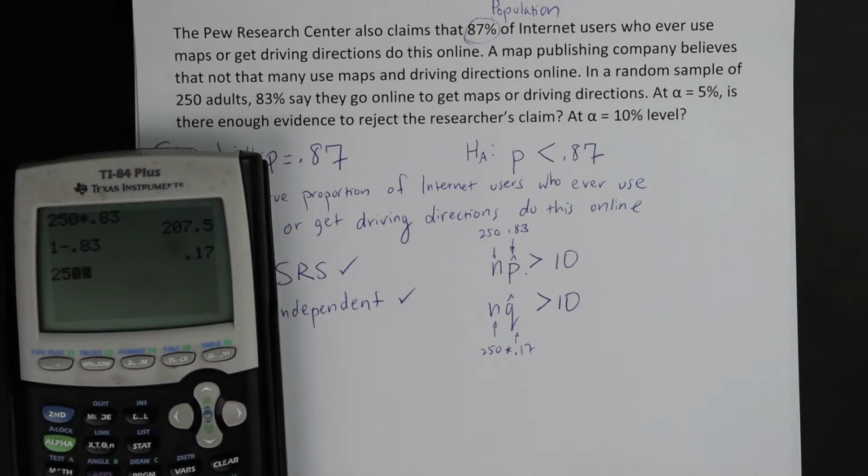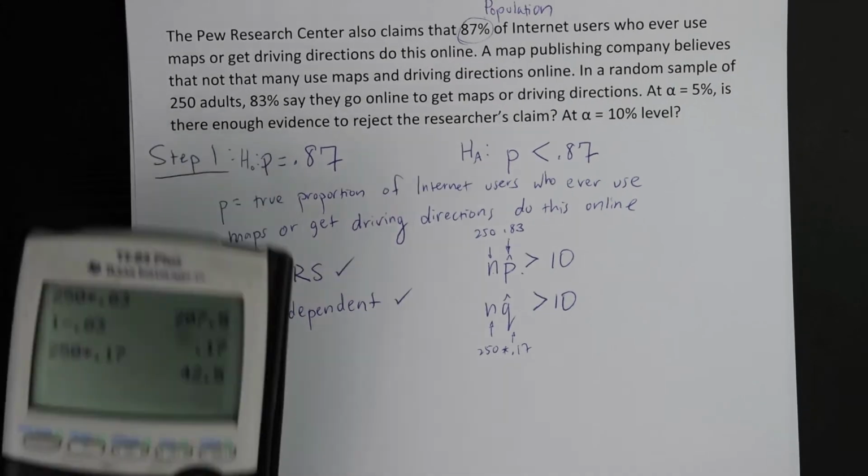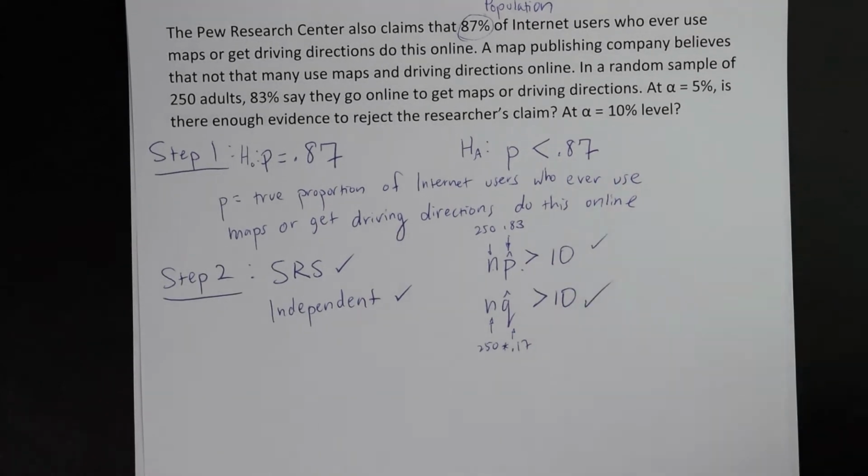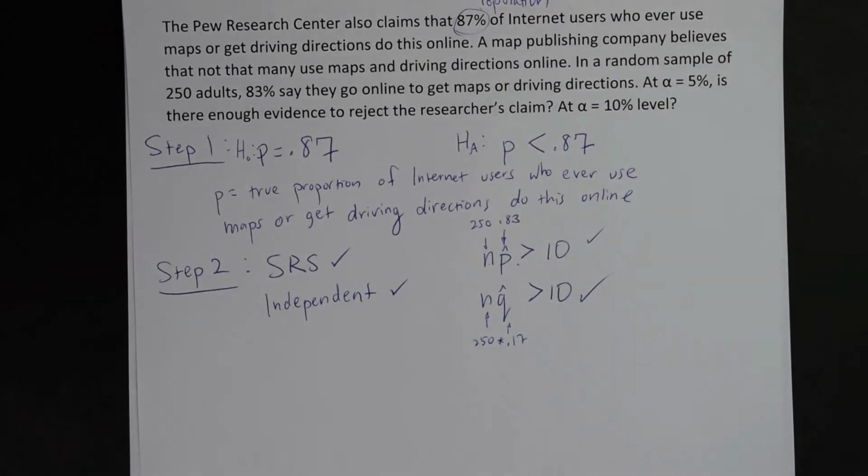And if I do 250 times 0.17, that's 42.5, which is still greater than 10, and I'm good. I could check off both of them. That concludes my step 2 procedures.